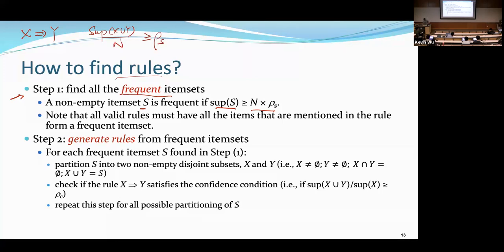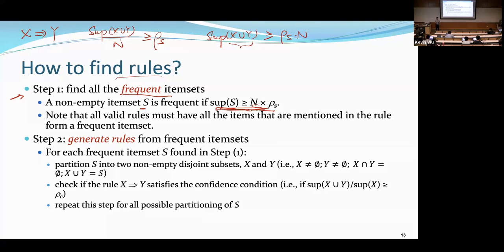So that means the support count of X union Y has to be not smaller than rho S multiplied by N. If you compare to the conditions for a frequent item set, you see that for all valid rules, if I consider the left-hand side and the right-hand side combined, that is X union Y, it forms a frequent item set.